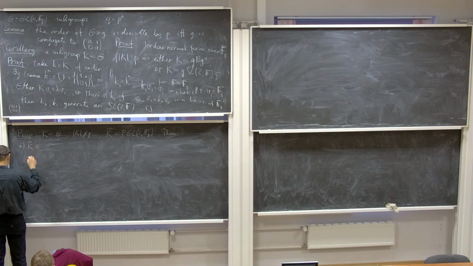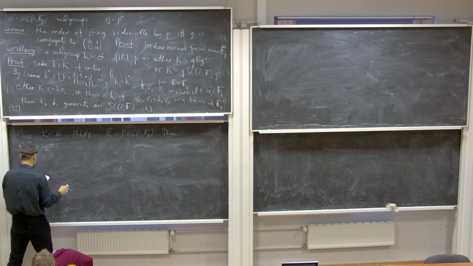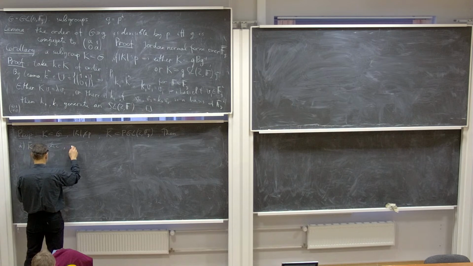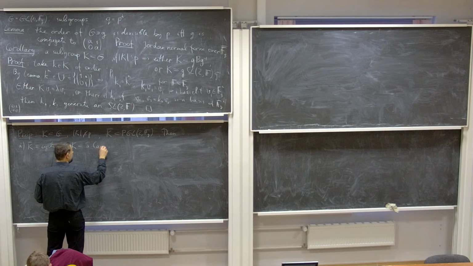Either this is a cyclic subgroup, and then K lies in a Cartan subgroup.